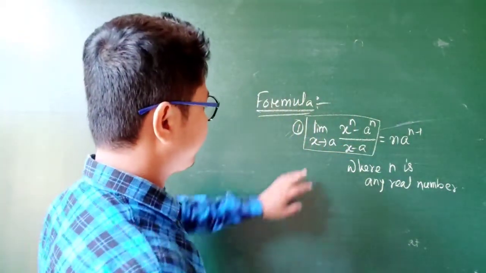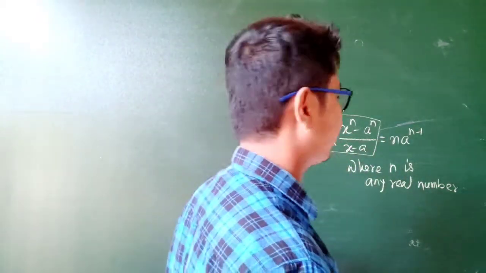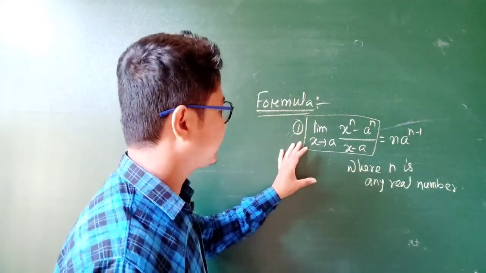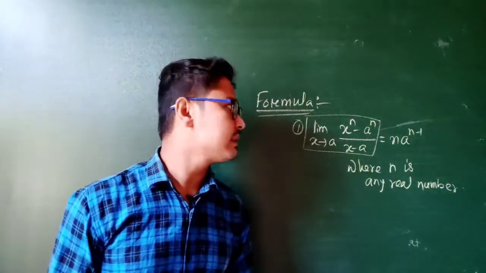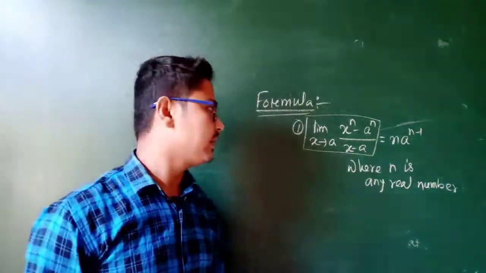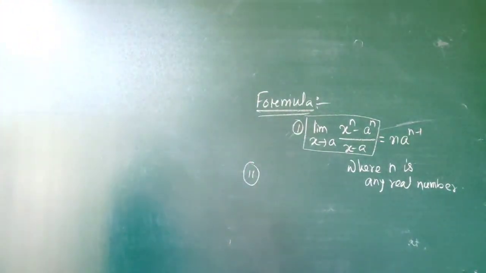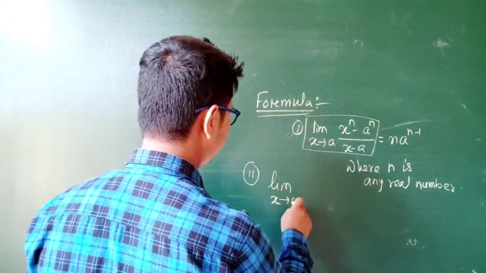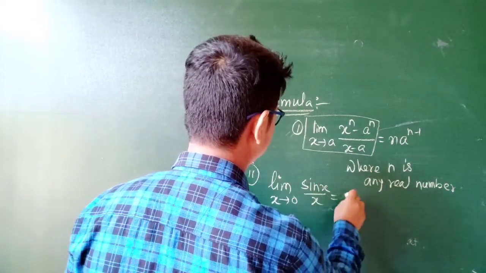That means if you have this kind of structure, limit x tends to a x to the power n minus a to the power n divided by x minus a, then you can directly write the answer equal to n a to the power n minus 1, where n is any real number. Okay, so the next formula is limit x tends to 0 sin x divided by x equal to 0.